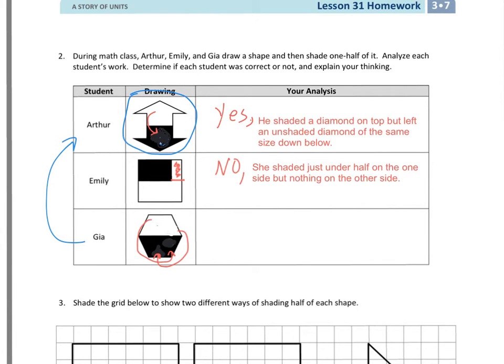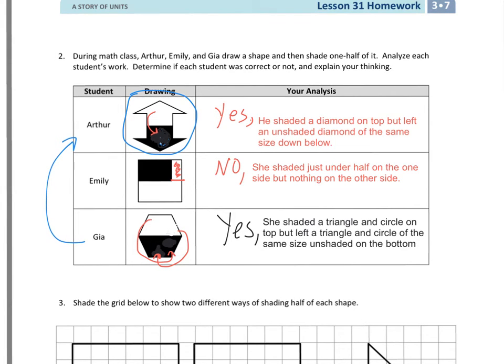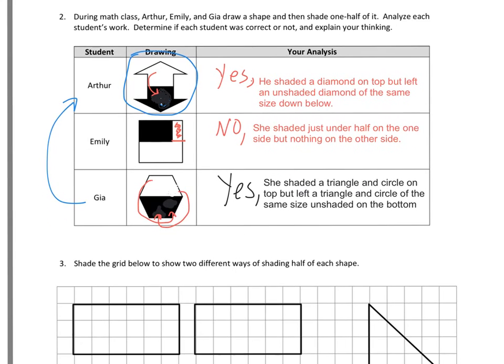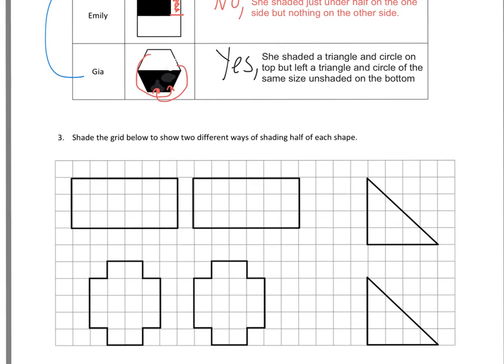And I'm just moving it within, and I can see that half of it is shaded. So yes, Gia is correct, pretty much for the same reason that Arthur was correct. And there's my explanation. Yes, she shaded a triangle and a circle on top, but left a triangle and circle of the same size unshaded on the bottom. So that's just my explanation for it, but you can put in whatever one you feel fits.